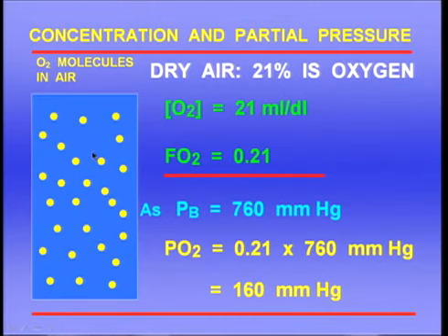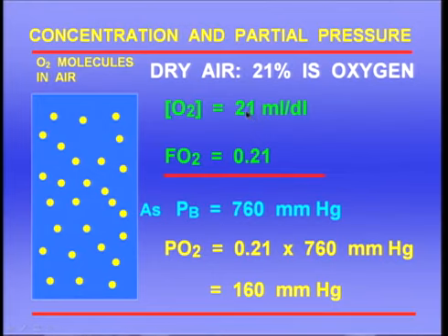That means that of all the molecules, 21% are oxygen molecules. We can also show that using this nomenclature with the square brackets, concentration of oxygen. We can also refer to it as 21 ml per deciliter.